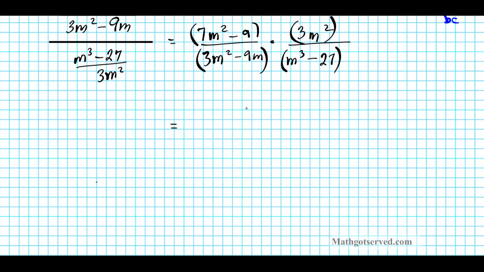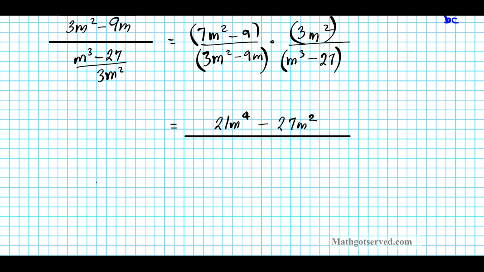Okay? We have 3 times 7 is 21, 21m to the fourth minus 27m squared. And then in the denominator, we'll follow that out. First, outer, inner, last.